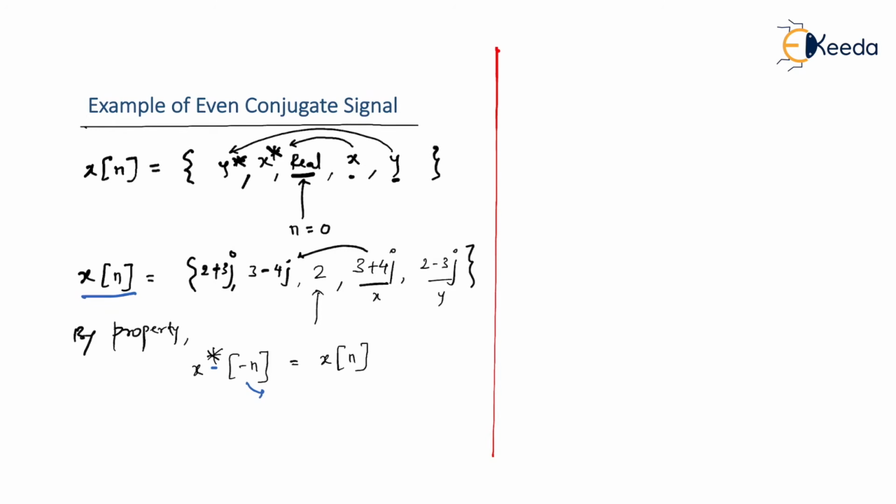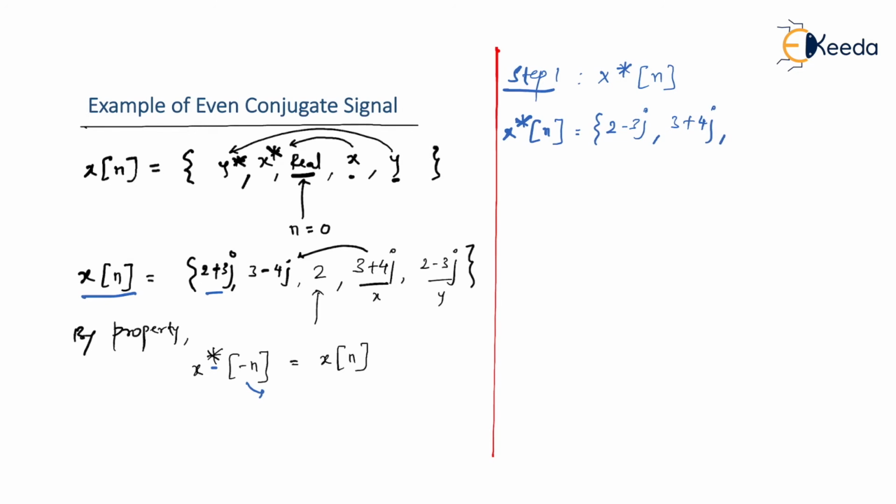So in step number 1, I'm going to have x conjugate of n. Since we know what x of n is, it is easy to write x conjugate of n. So x conjugate of n is the complex conjugate of x of n. So the very first component 2 plus 3j would be written as 2 minus 3j, comma 3 minus 4j will be written as 3 plus 4j.